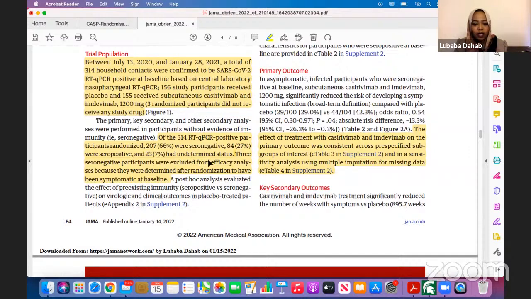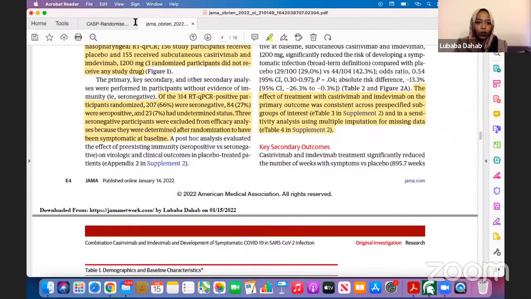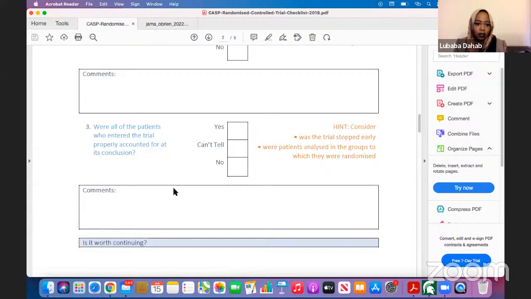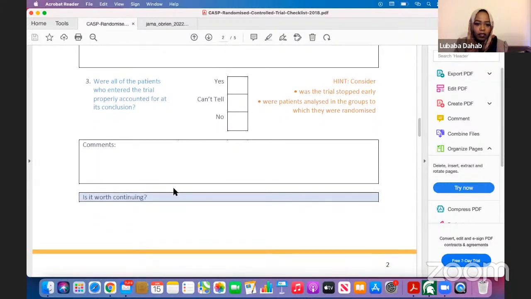The undetermined status actually included those who were lost to follow-up or excluded from the study. So I believe the answer to this question is yes. They mention everything in the conclusion and results part of this study, accounting for all of the participants.